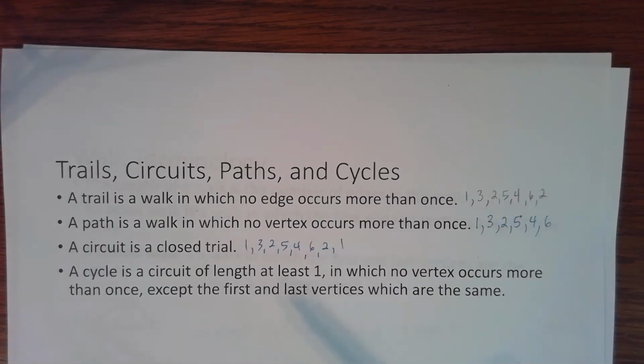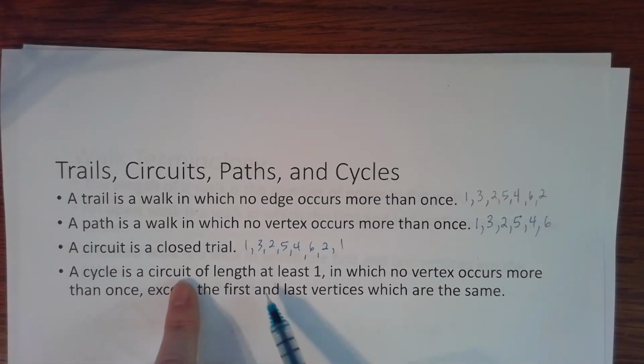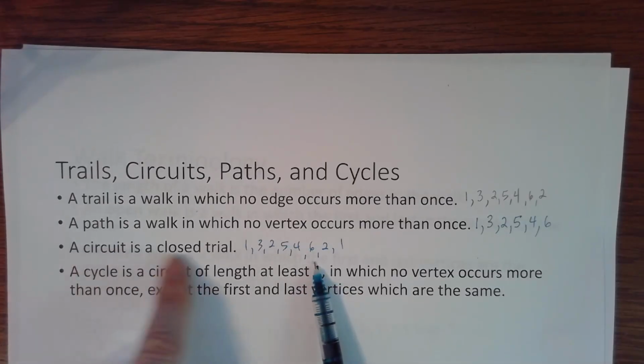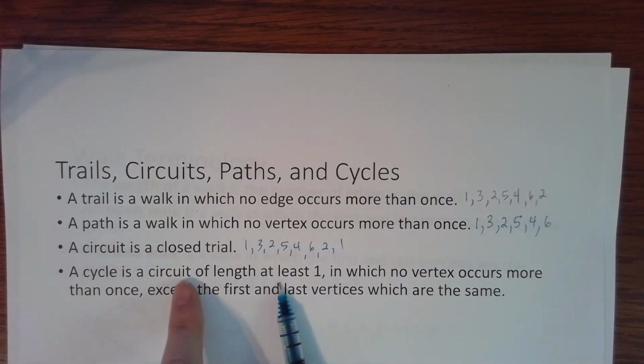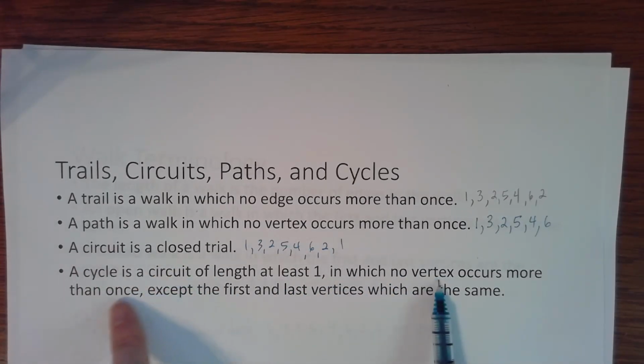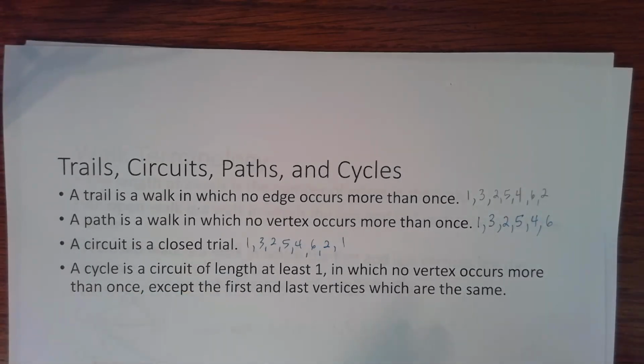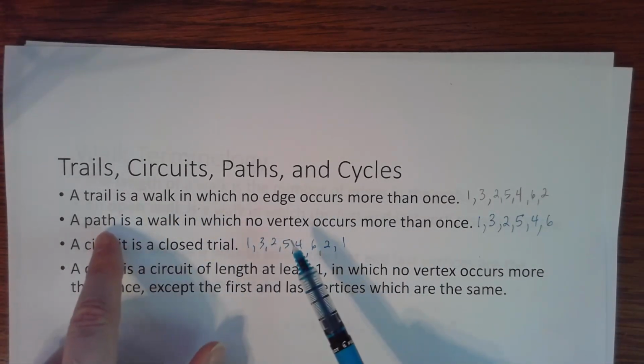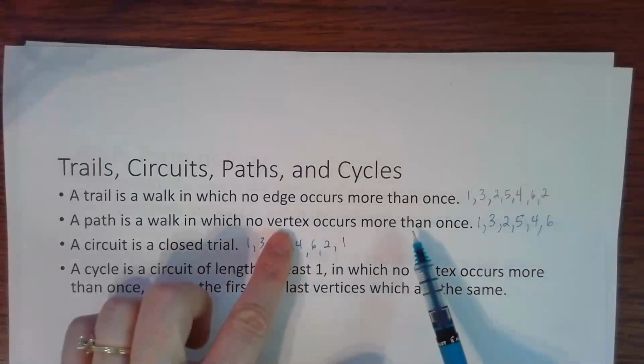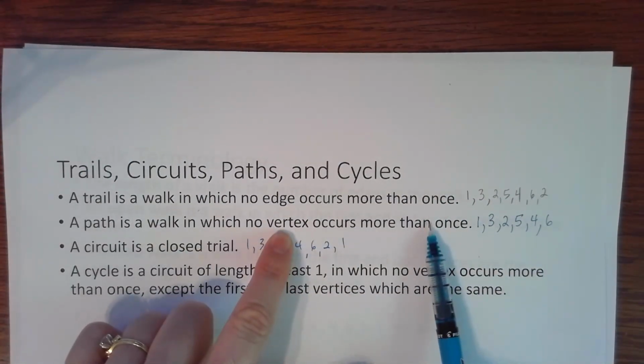Okay, and then a cycle is a circuit of length at least 1. So it's going to be closed, and then no vertex occurs more than once. So no repeated vertices. You might say, well, why don't we just call that a closed path? Well, the problem is that a path can't really be closed, because closed means that a vertex occurs more than once, because it starts and stops at the same one.